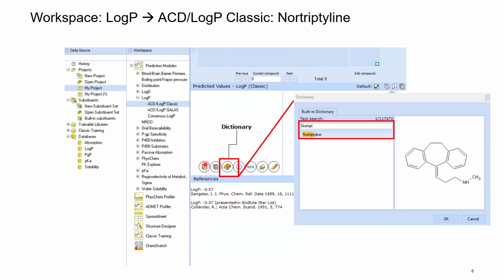So you import the molecule from a file or from a SMILES code or InChI code, or you draw it, or in this case, just type the name or part of the name, and it's already in the database. So I typed nortriptyline, and the molecule pops up.